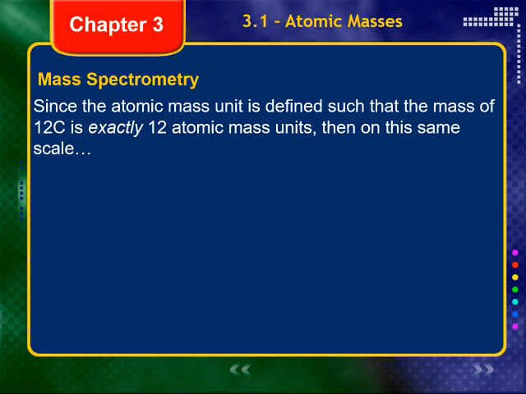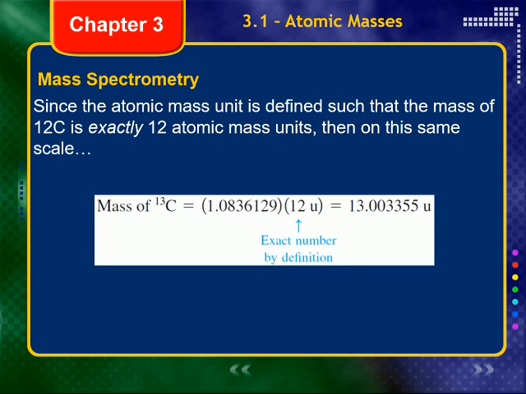Since the atomic mass unit is defined such that the mass of carbon-12 is exactly 12 atomic mass units, then on this same scale, we're going to calculate the mass of carbon-13. We're going to take that relative mass and multiply it by 12 atomic mass units. That's our standard. It's an exact number, so the two significant figures there do not change our value at all.